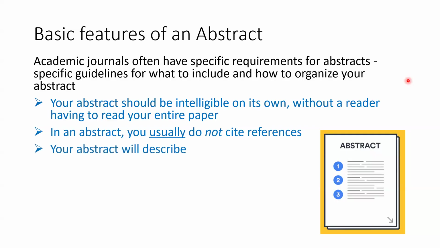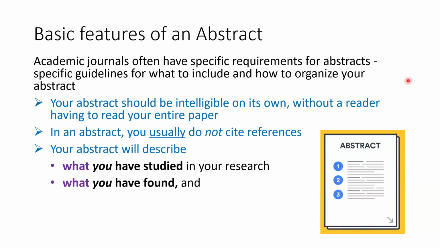So your abstract will describe certain things: what you have studied in your research. This is included in your topic or the research question. That is what you explain. So you have to state what you have studied. That is, you have to include your thesis sentence or the rationale or the research question, and then definitely you have to say what you have found, your results, right?